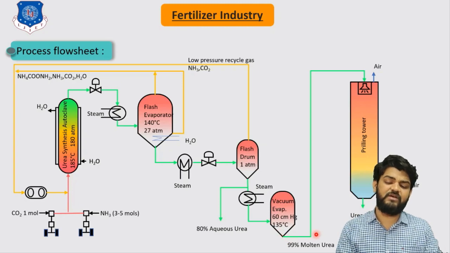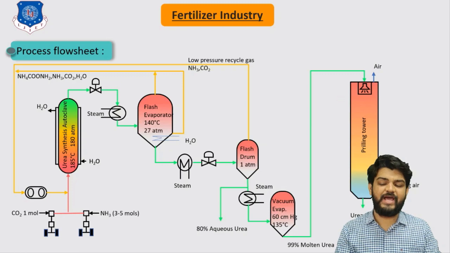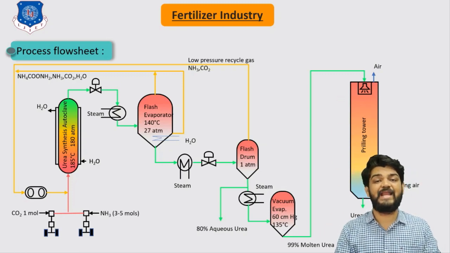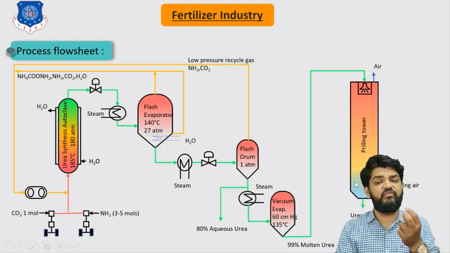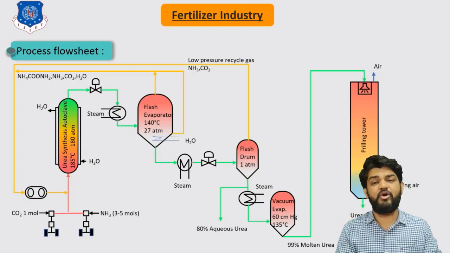Now this molten form of the urea is sent to the prilling tower, inside which we pass cold air, right? So this cooling air converts this molten form of the urea directly into the prills, or we can say fine granules or powder, that is known as the commercial grade of the urea.